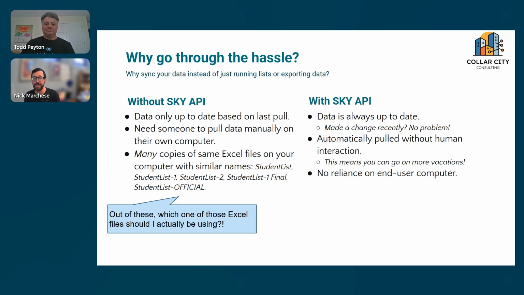You don't have a reliance on an end user's computer, right? This is cloud-based. It's running in the background. So again, more vacations. And the last piece is no more duplicate files. So all of a sudden you have all this extra hard drive space that you can do so much more with.